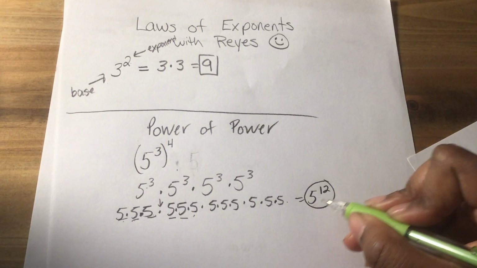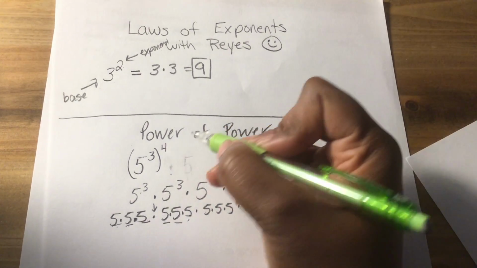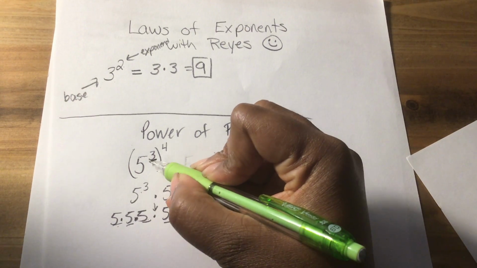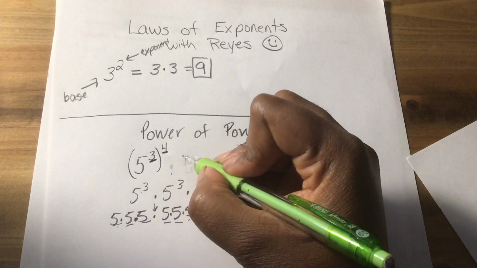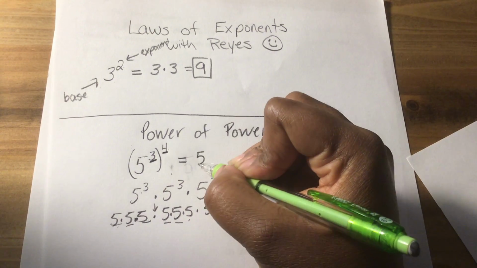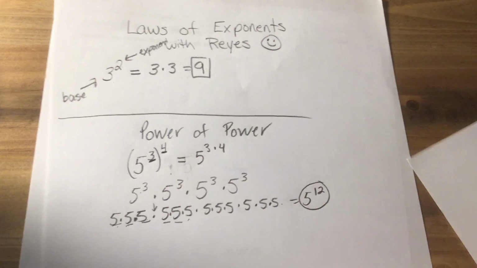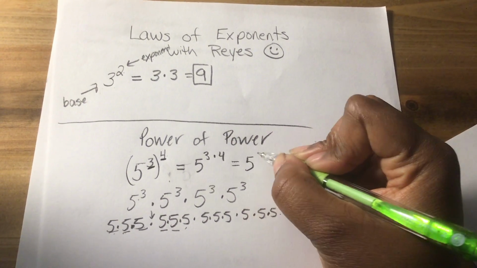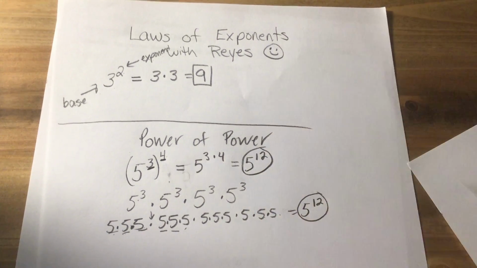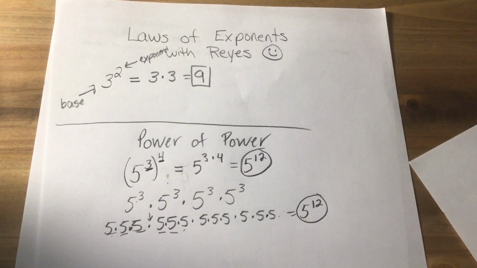So the shortcut way to do this, okay, is when you have a power raised to another power, you multiply the powers together. So this is going to be 5, 3 times 4. So 3 times 4 is going to be 12. And that's really much easier than doing all of this, okay?